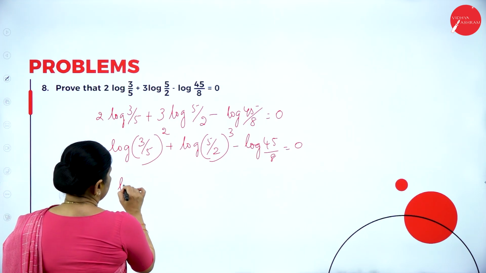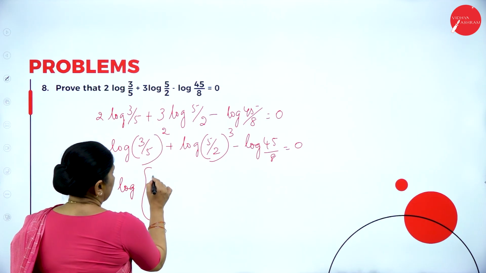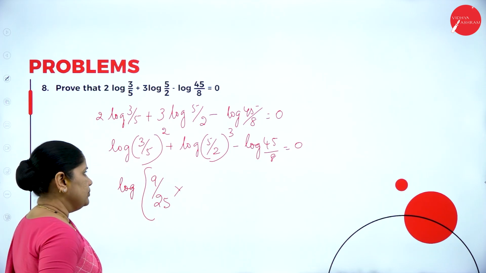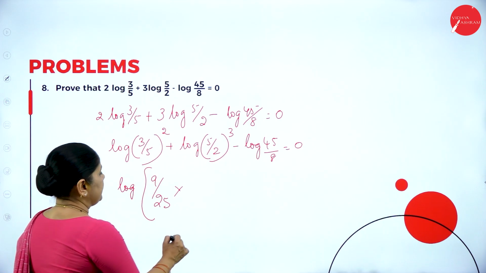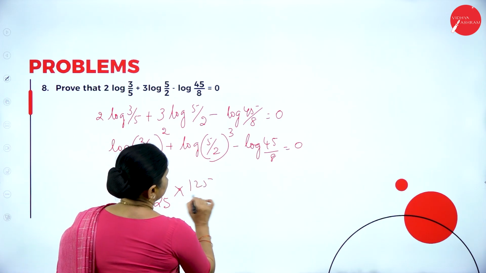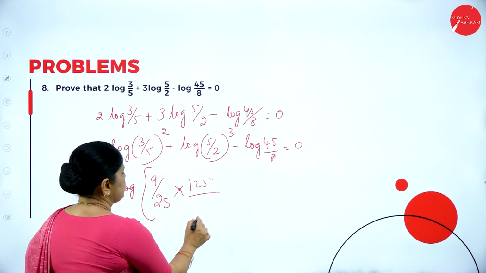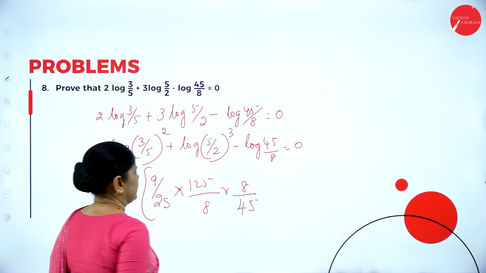I can rewrite it as log of 3 square, 9 by 25, into 5 cube. 5 cube means 5 5s are 25, 25 into 5, 125, 2 cube. 2 2s are 4, 4 2s are 8, into 8 by 45.